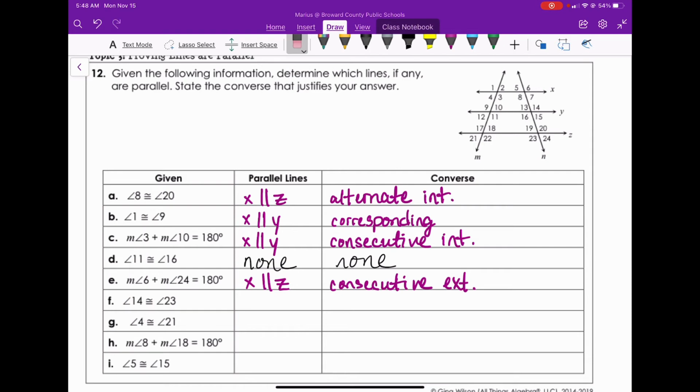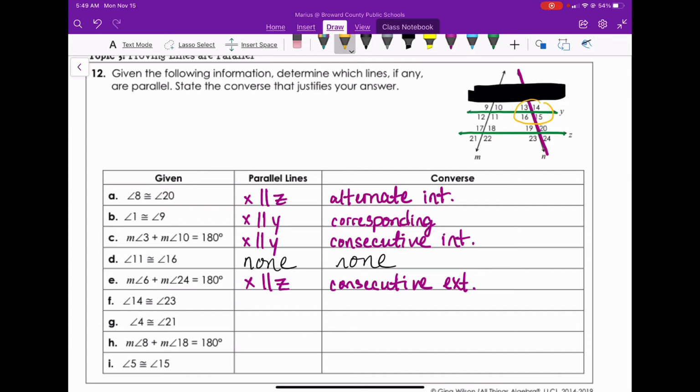Angle 14 and angle 13. Oh, excuse me, angle 14 and angle 23. Angle 14 and angle 23 are both on line N. However, angle 14 is on line Y and angle 23 is on line Z. So we're not going to be worried about line X right now.